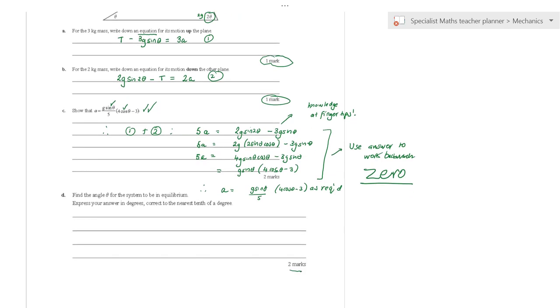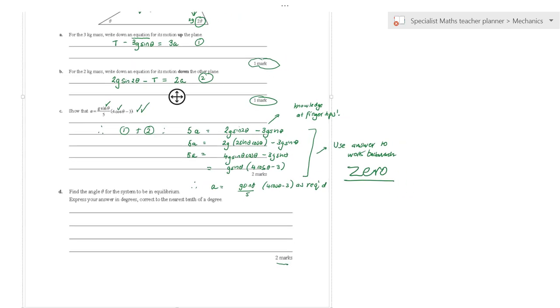So why don't we say that the same rules apply? We can say that T minus 3g sine theta is equal to 0 in equilibrium, and that 2g sine 2 theta minus T is equal to 0.